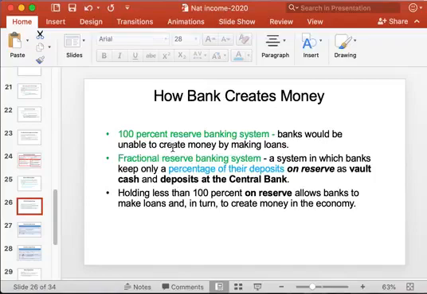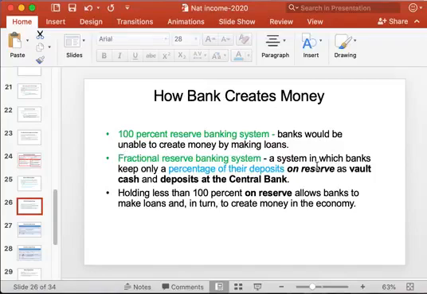So in case of 100% reserve banking system of an economy, banks cannot create money. And I don't think anywhere in the world now, in this modern world, there is the system of 100% reserve banking system.